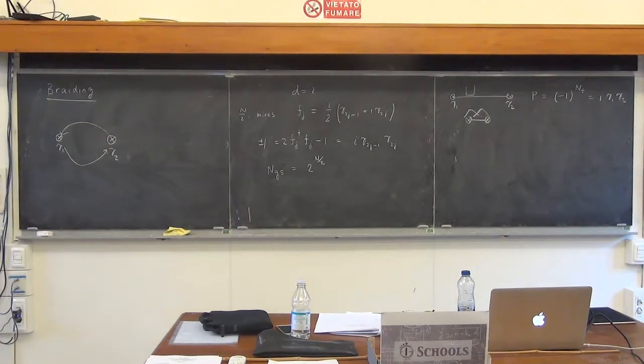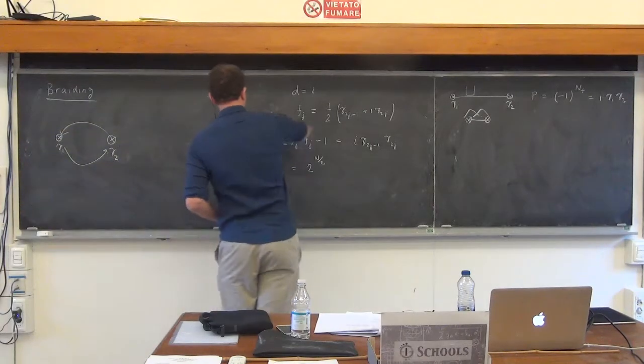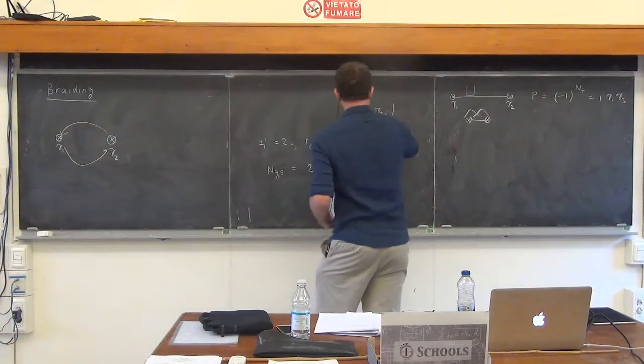The Hamiltonian of the system is the same as it was, but there's no guarantee that within this 2 to the n over 2 fold ground state manifold, the state is the same as it was. And I want to know, if I started from a given state, which state I ended in.